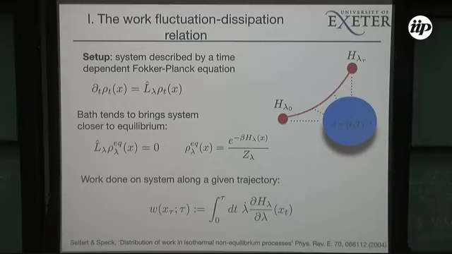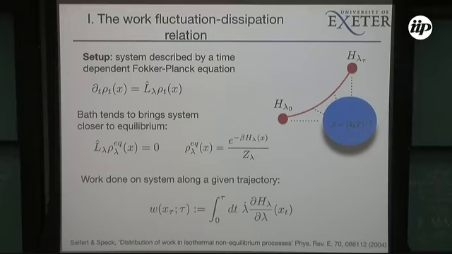The way that they prove it is they treat the system as an open system, described by a Fokker-Planck equation. This is an equation for a small system weakly coupled to a bath with a time-dependent Hamiltonian. The only assumption they take is that the instantaneous stationary state of this open system is always a Gibbs state.